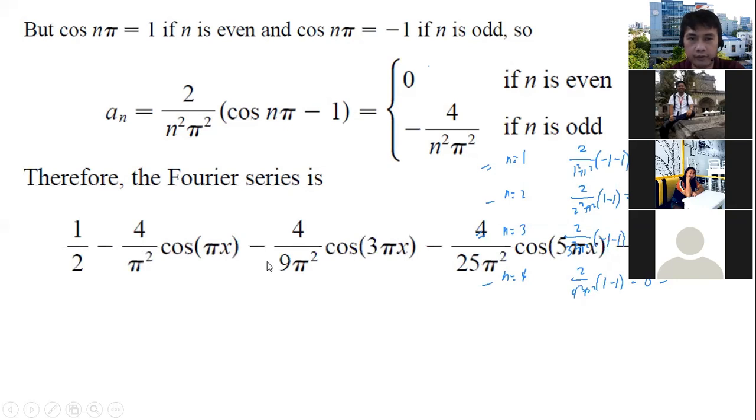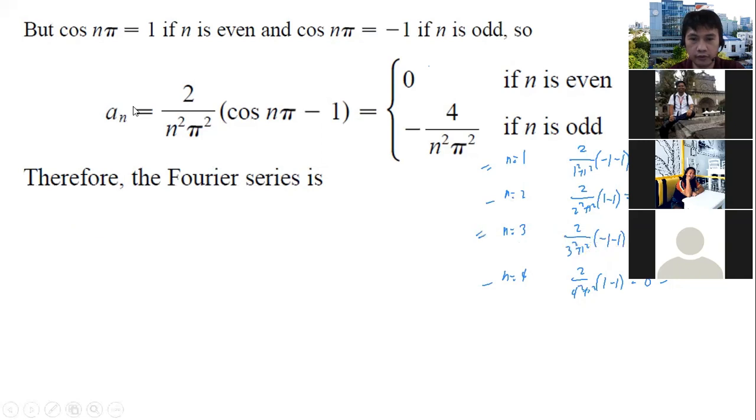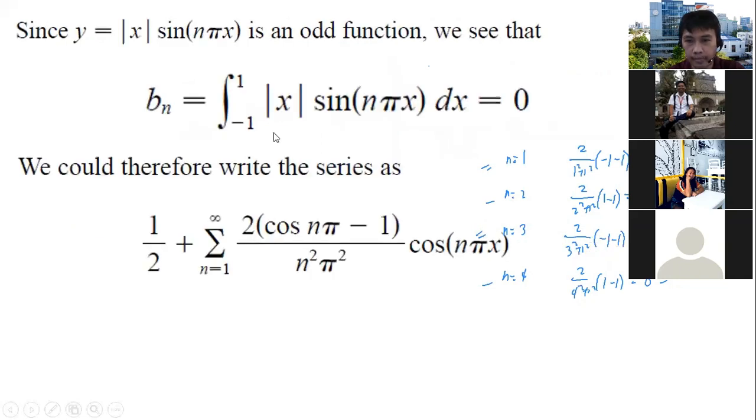Kaya meron tayong a sub 1 value multiplied to cosine pi x. Then plus, of course, after n is equal to 1, the next value of n is 2. So 2 is considered an even number. That's why the a sub 2 value is 0 times cosine ng 2 pi x, which turns out to be 0.